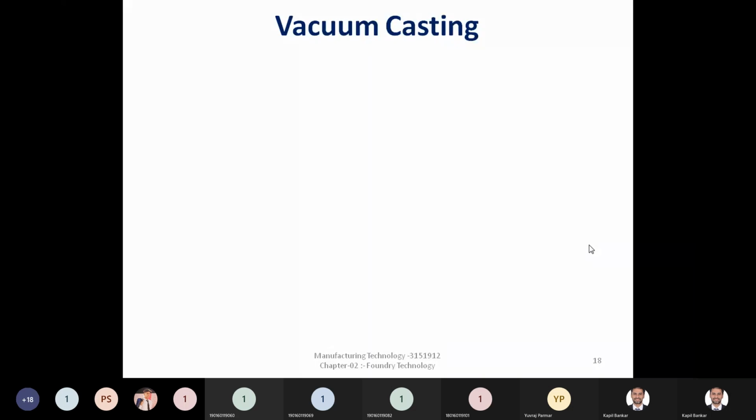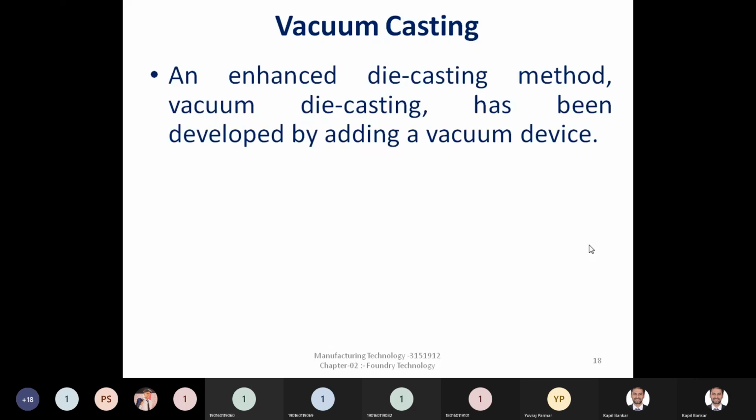Now some facts related to vacuum casting are listed over here. This method is known as the enhanced die casting method. Vacuum die casting has been developed by adding a vacuum device. So vacuum casting is an enhanced die casting method, because in vacuum casting, dies are there.